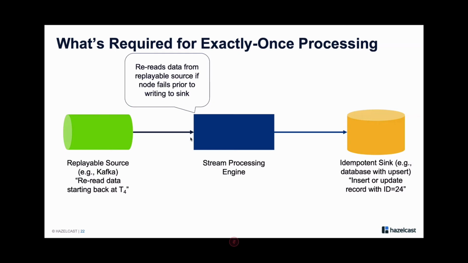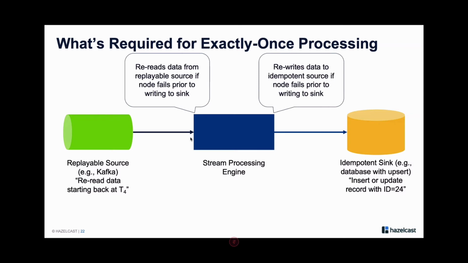So the system was maintaining an ordered log of the data that was being included in the stream. And so a technology like Apache Kafka is an example of a replayable source where you can go back to previous data elements if there's a failure so that you can take that and then try to rerun the transaction that might not have succeeded.